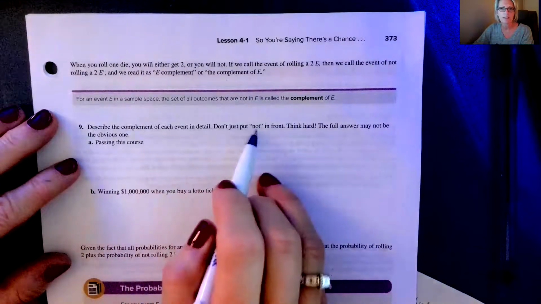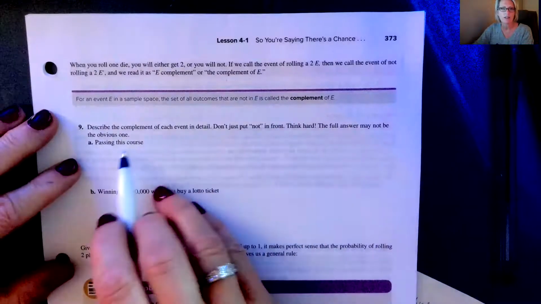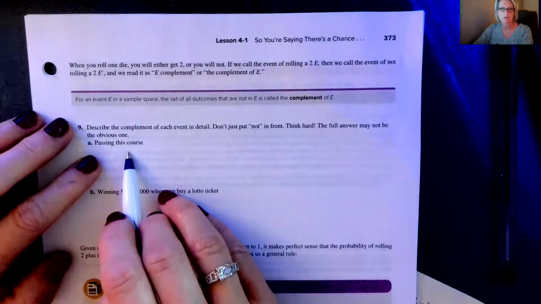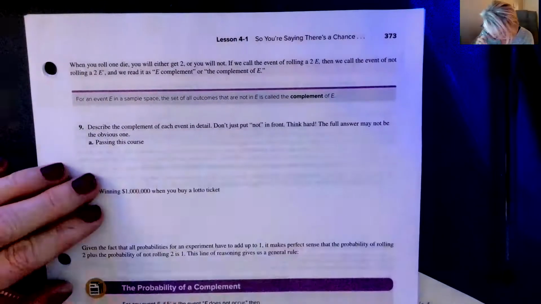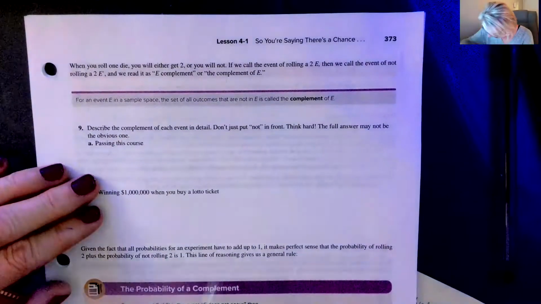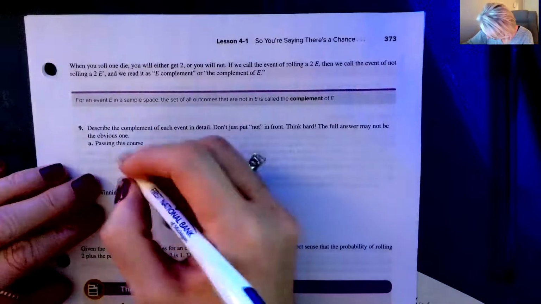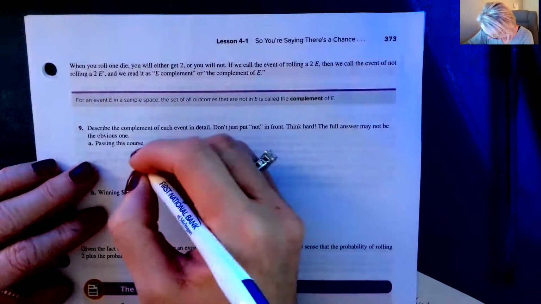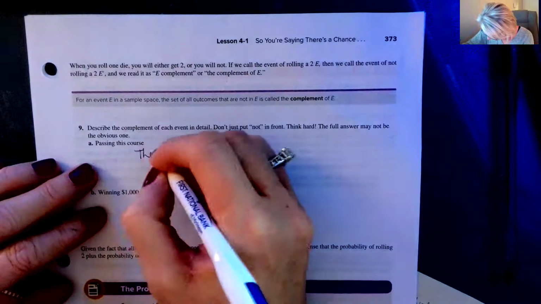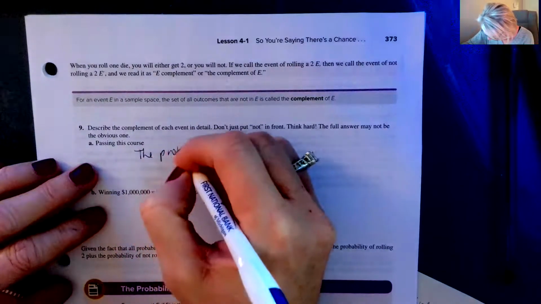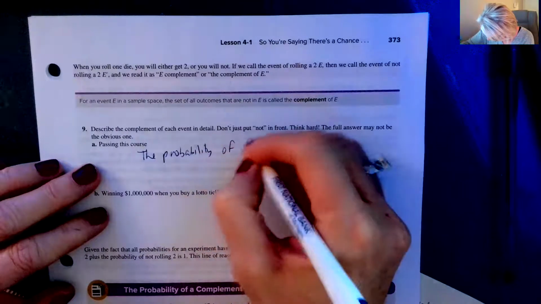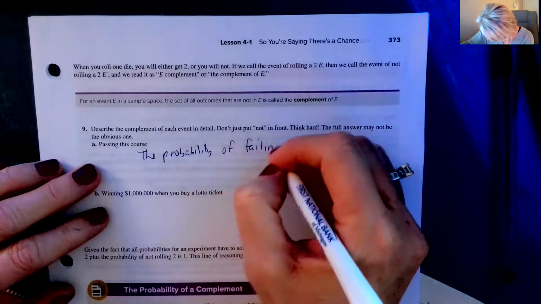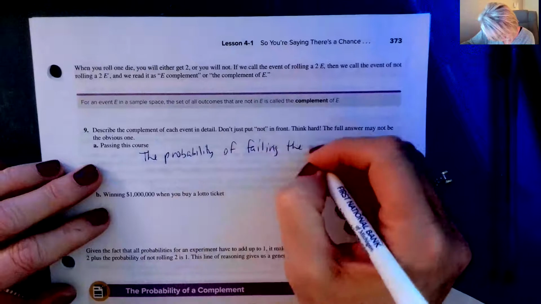So describe the complement of each event in detail. Don't just put not in front. Think hard. So passing this course. The complement of passing this course is the probability of failing the course. That would be the complement.